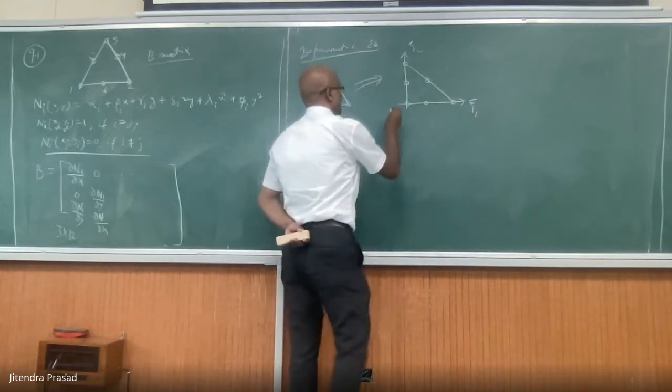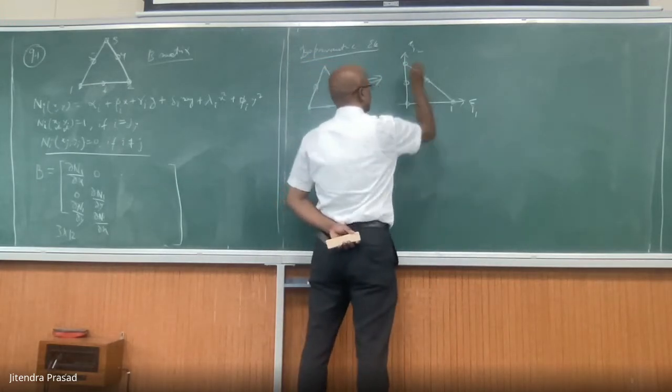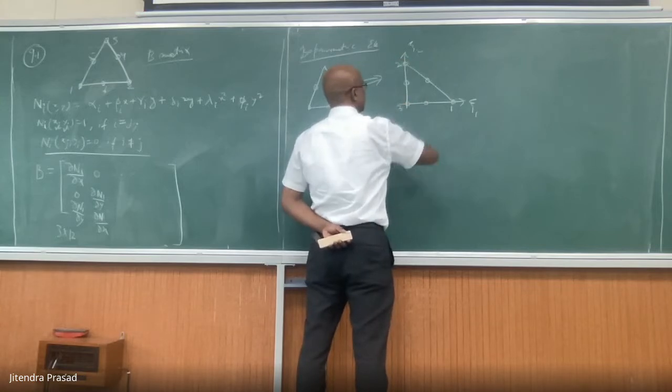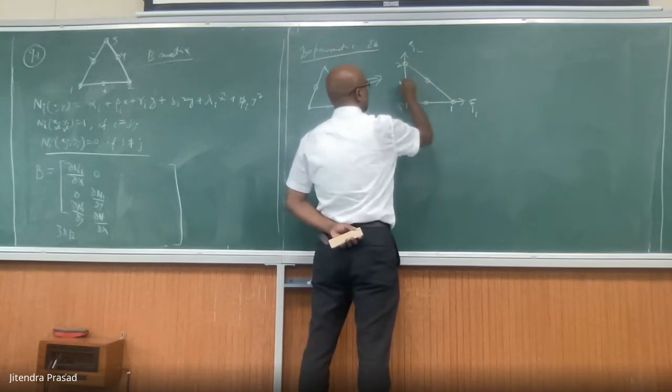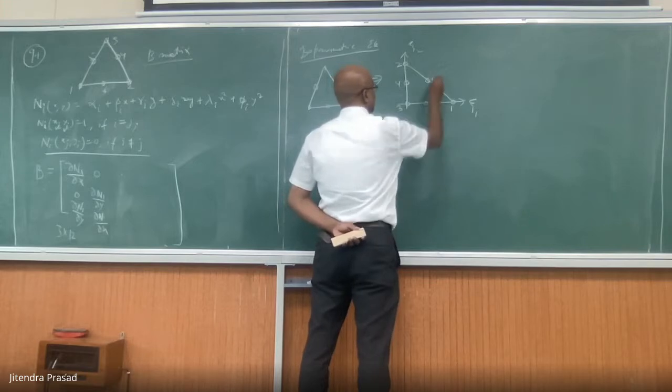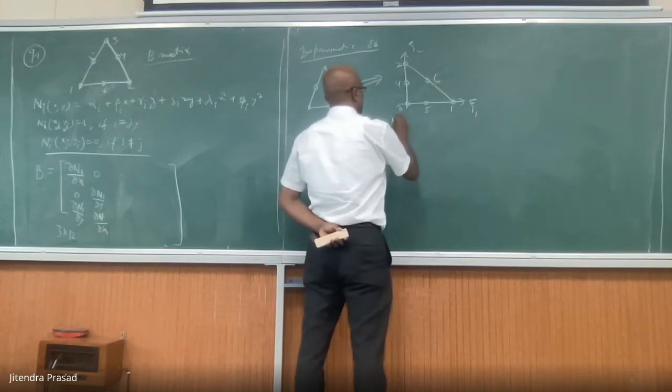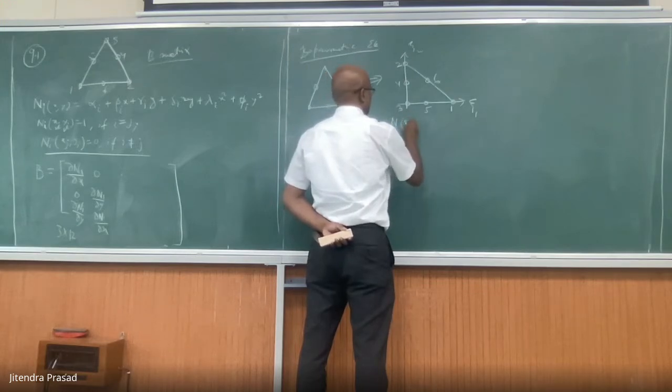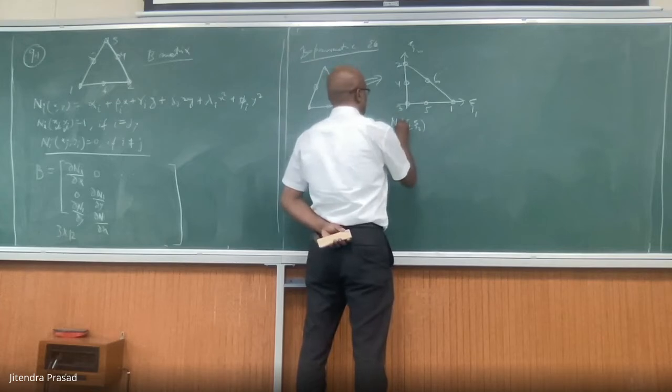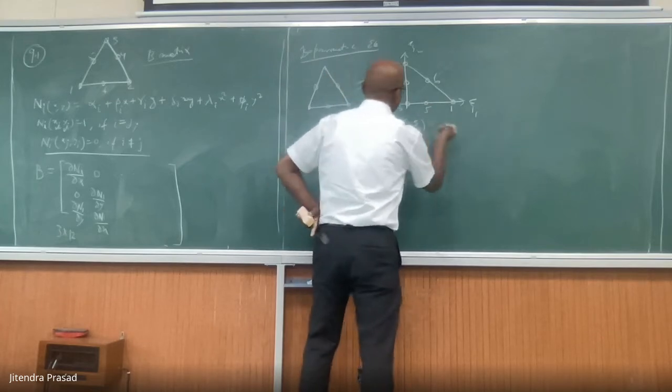Then you find out this is 1, this is 2, this is 3, these are 4, 5, 6, and then you have Ni(Xi1, Xi2). You find out what those values are.